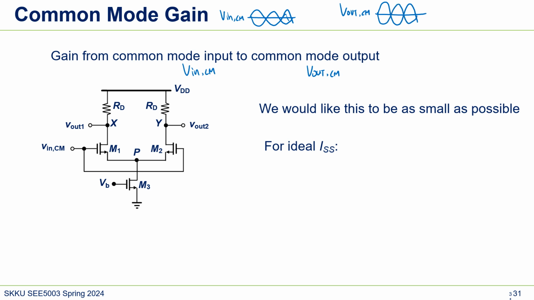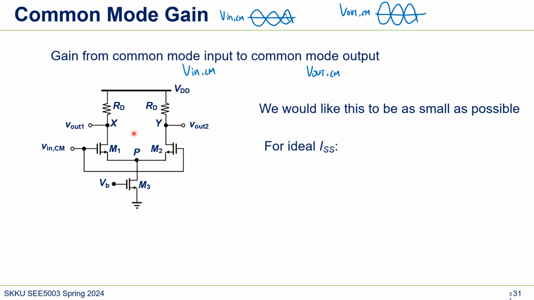So what it says is, what happens if we change V in CM? If we change V in CM, then what happens to V out CM? Ideally, we don't want them to change, right? Because as I said, after this amplifier, V out 1 and V out 2 will go to the other amplifier, and the voltage of V out CM is required by the following stage.